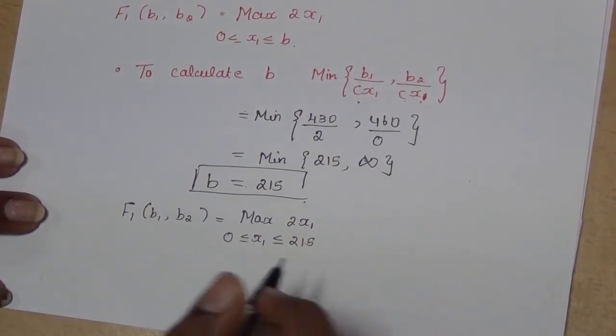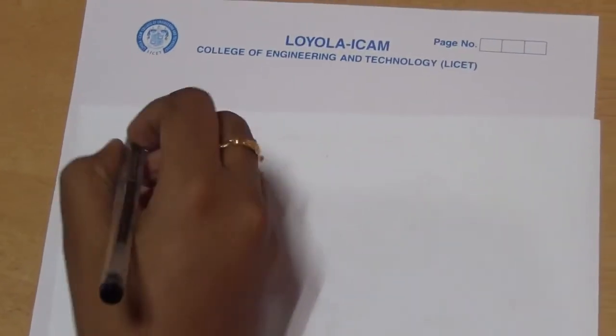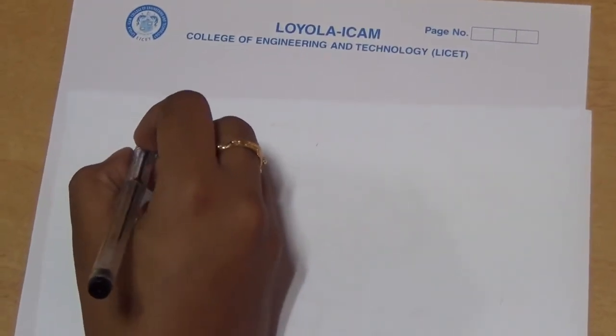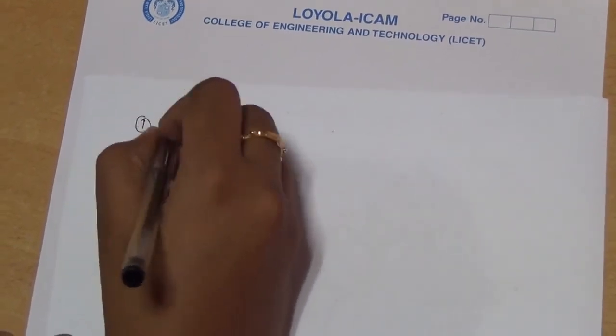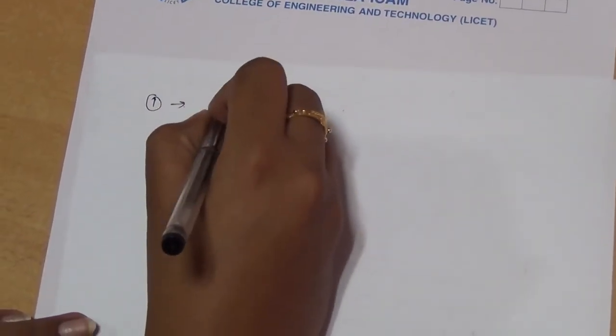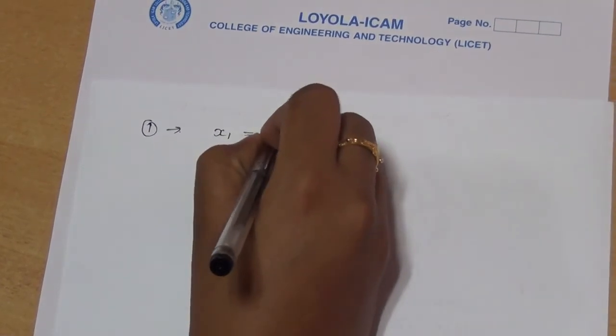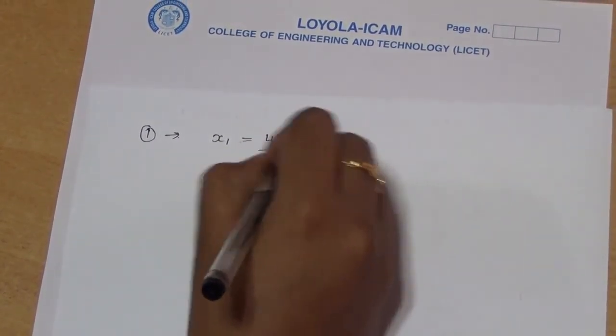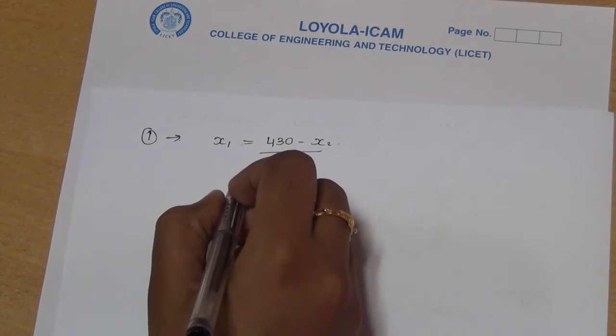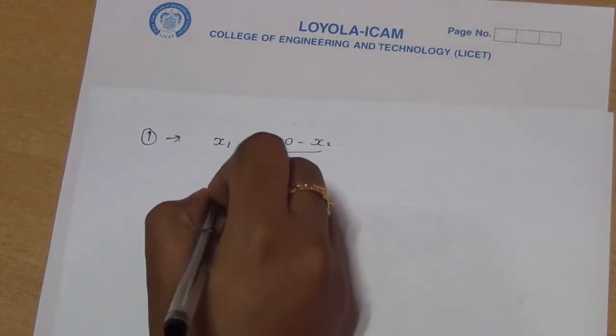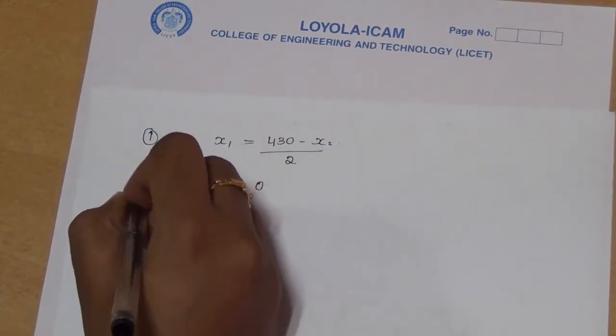Now we have to find the value of x1. To find the value of x1, we have to find it from the constraints. First, from the first constraint, the value of x1 results in x1 is equal to 430 minus x2 by 2. Since we don't have x1 in the second constraint, from the second constraint the value of x1 will be 0.